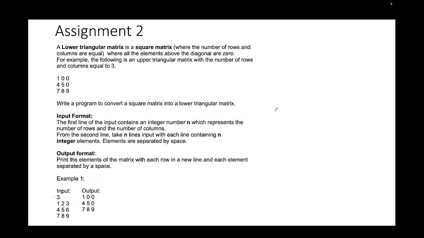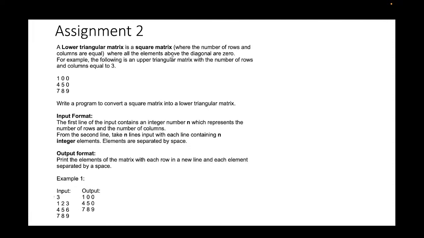Okay, we have some programming assignments for you. The first programming assignment says that we are defining a matrix called a lower triangular matrix. I hope all of you are familiar with this. A lower triangular matrix is a square matrix where all the elements above the diagonal are 0.